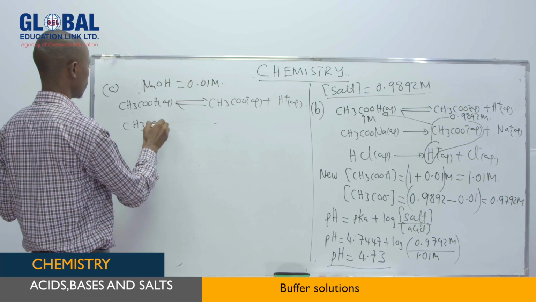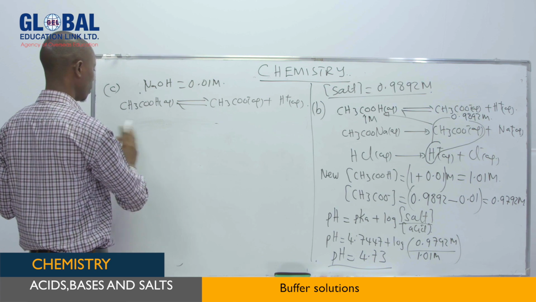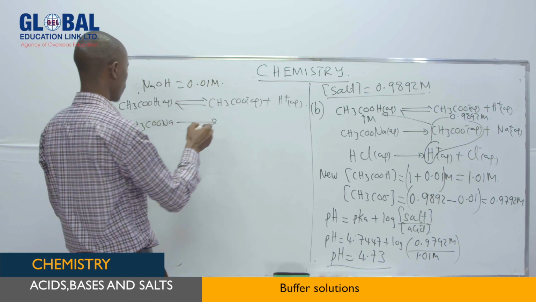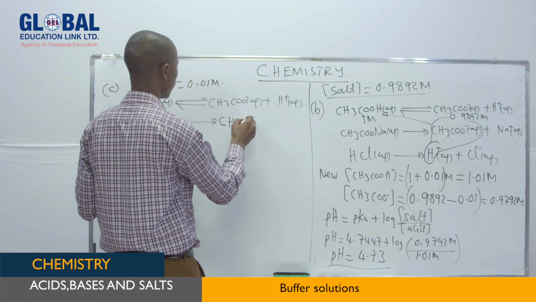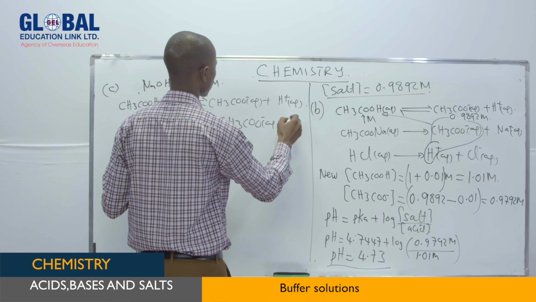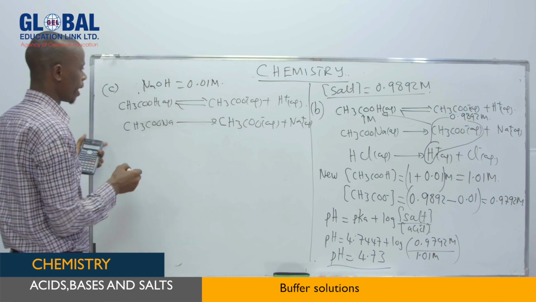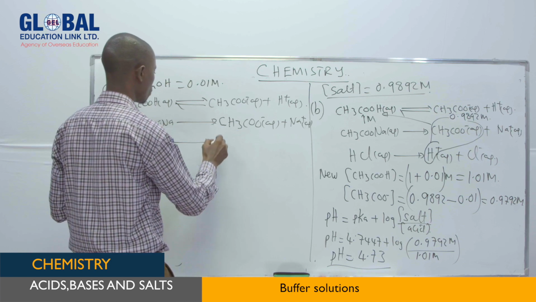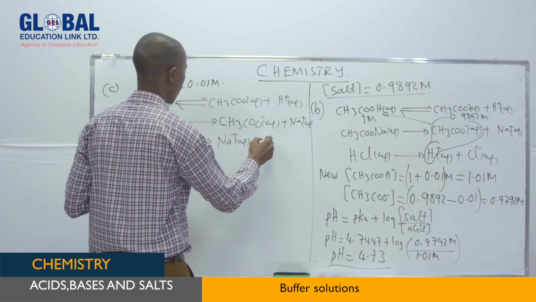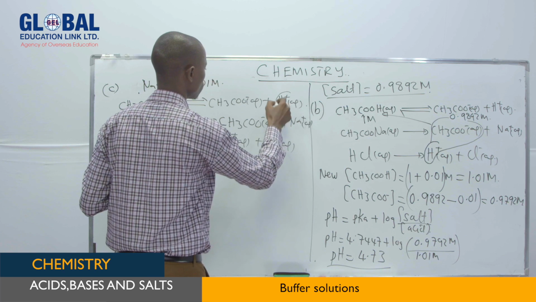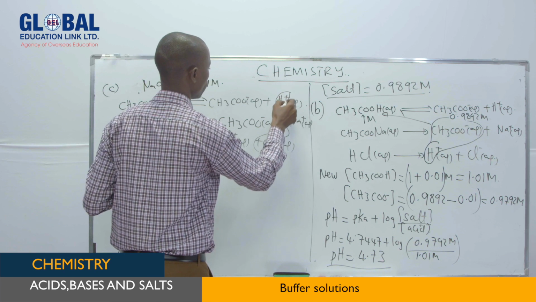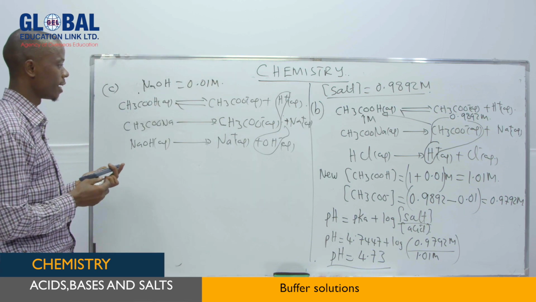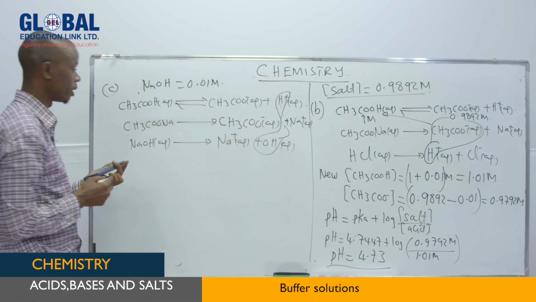The sodium acetate will decompose completely to give the acetate ion and the sodium ion. And the sodium hydroxide here is added. When it is added, it will produce sodium ion and hydroxide ion. So these will combine together. When they combine, they form water. That means the concentration of the hydrogen ion will decrease.